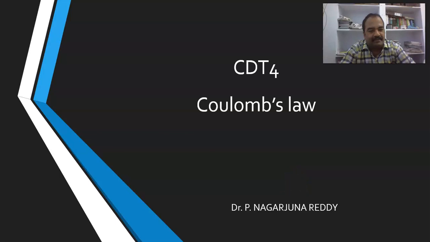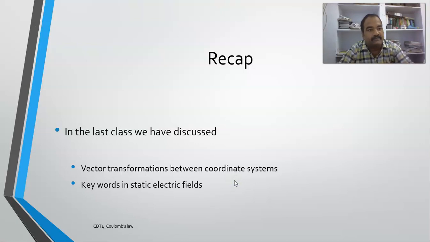Welcome back. Today's topic is about Coulomb's law. In the last video lecture, we discussed the vector transformation from one coordinate system to another, and we have also seen the different terms which we will be using in static electric fields.